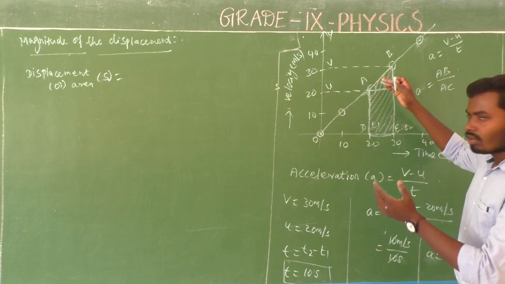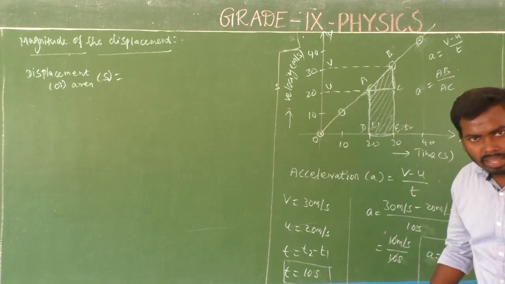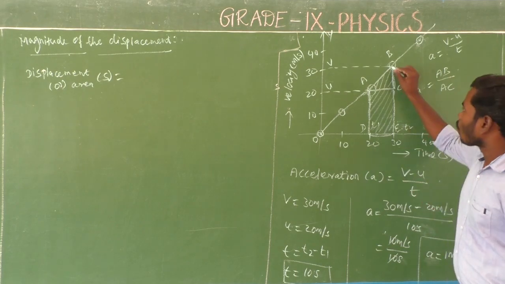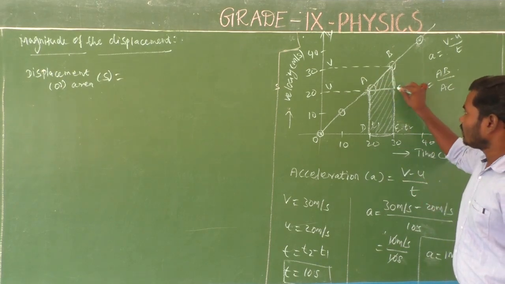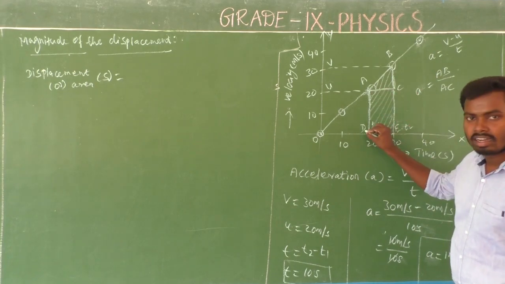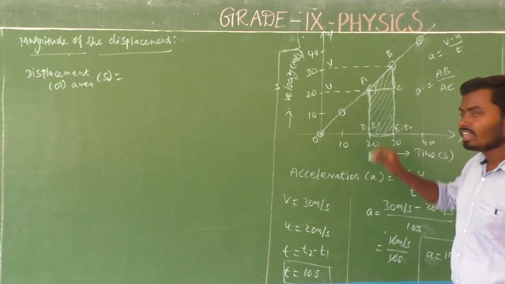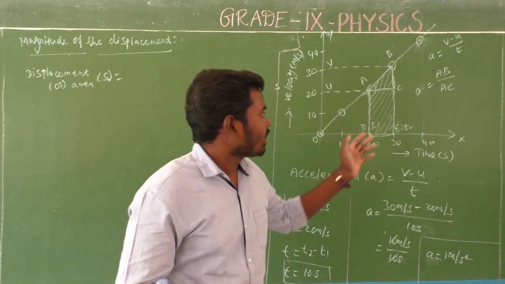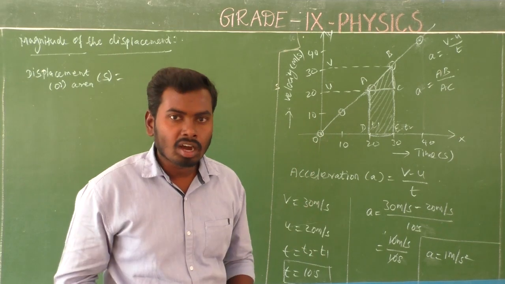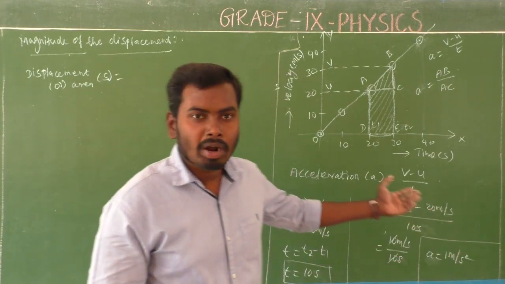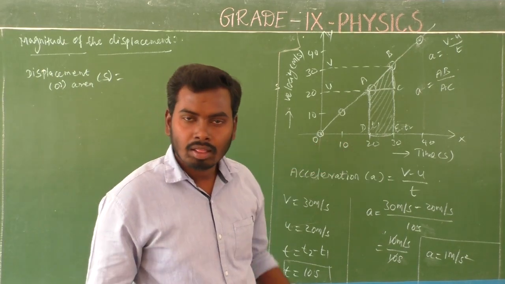So this area, which means the displacement covered by the object during the time interval of 20 second and 30 second, is equal to one triangle ABC and one rectangle ACED. So if we find out the area of both quantities, we can find out the displacement covered by the object during the particular interval of 20 second and 30 second.